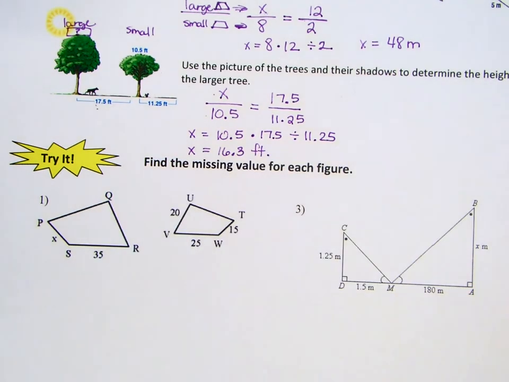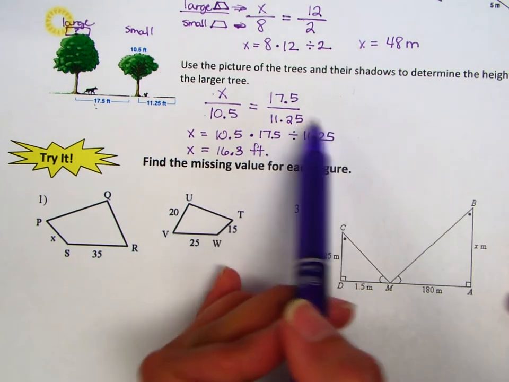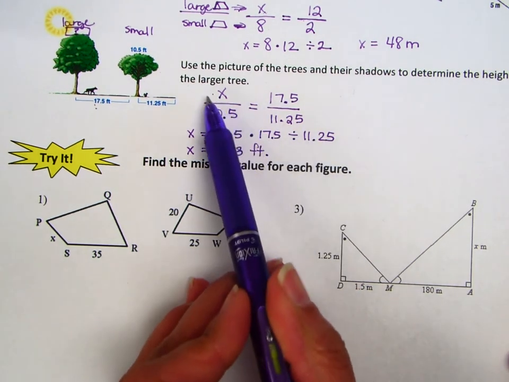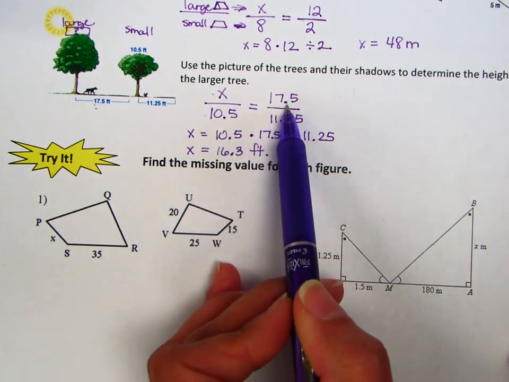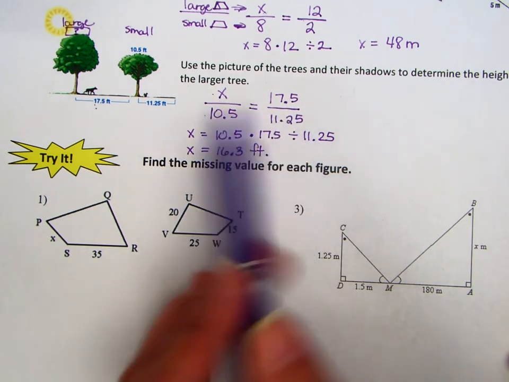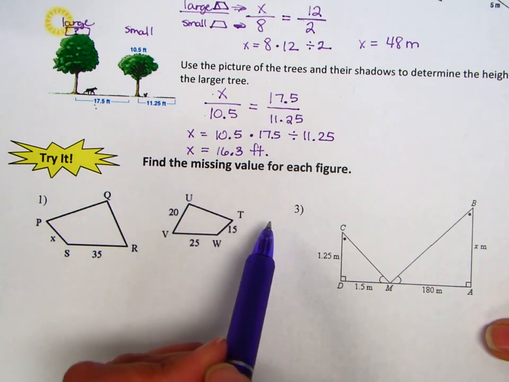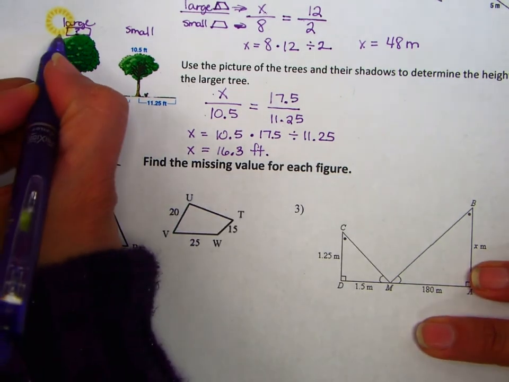Now, look at your answer. Always look at your answer and see, because there's sometimes a tendency to get these ratios in the wrong order. You set this large to small, you might accidentally set this one smaller to large. So look at your answer and look at your picture and see if it makes sense.